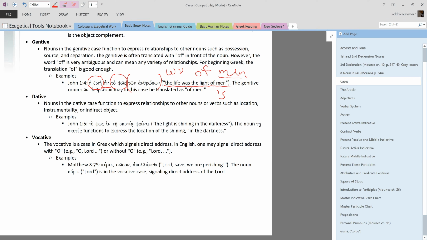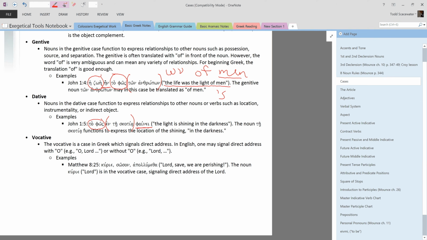Now the dative case functions to express relationships to other nouns or verbs such as location, instrumentality, or indirect object of a verb. So for example, in John 1:5, we have the light, en te skotia, meaning in the darkness, is shining.